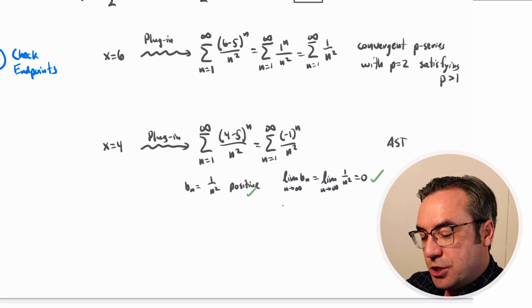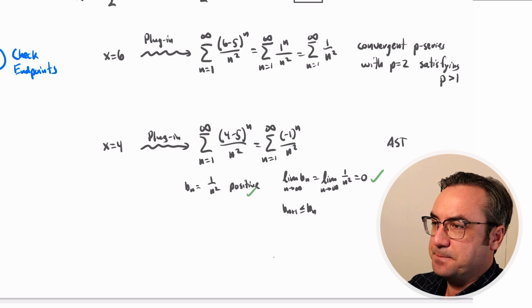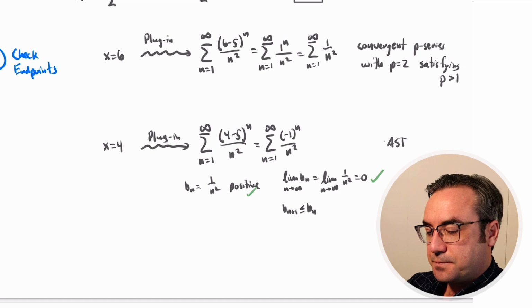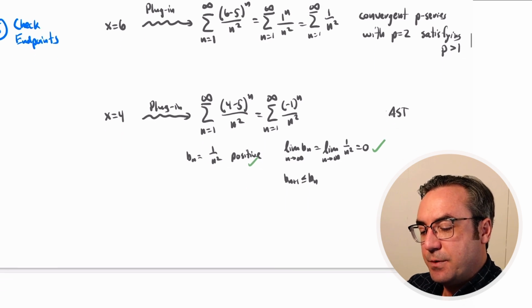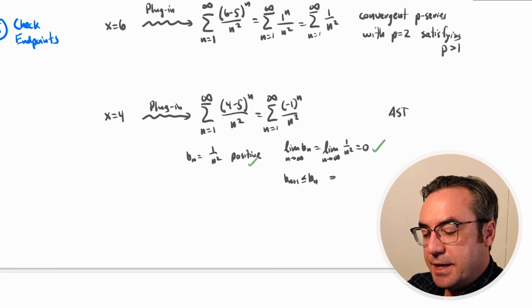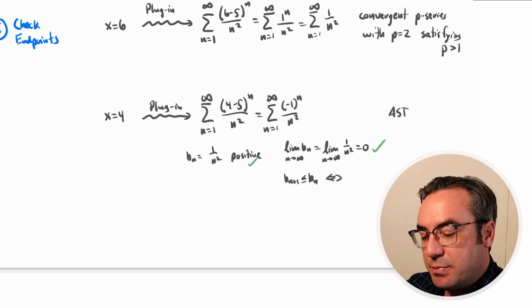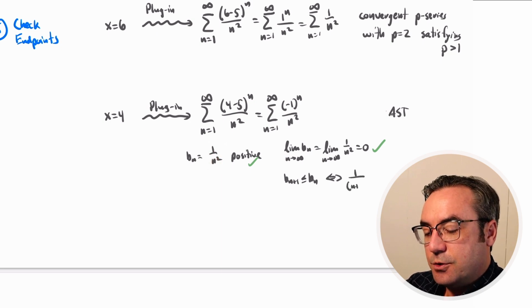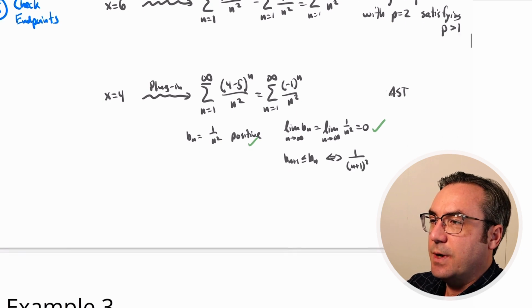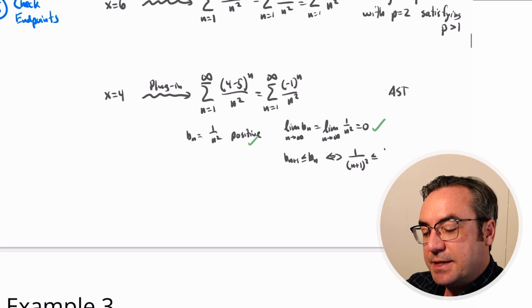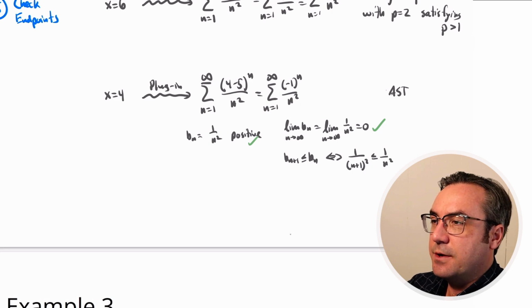And then we also have to show that Bn plus 1 is less than or equal to Bn. And if we write out what Bn plus 1 is, we've got Bn here, and we're just going to change that n to a parentheses n plus 1. So it'll be 1 over (n plus 1) squared, and we want that to be less than or equal to 1 over n squared.